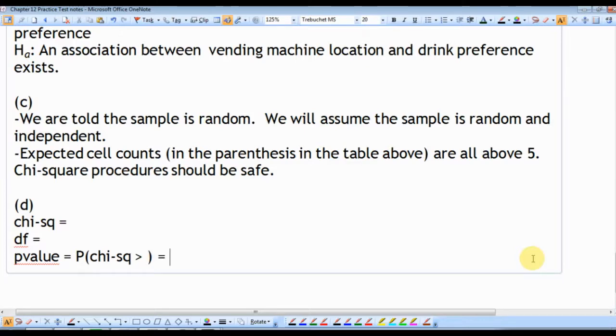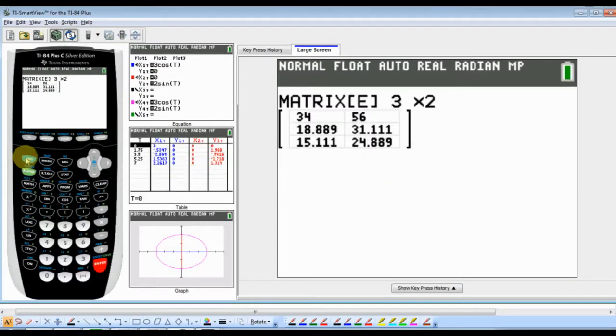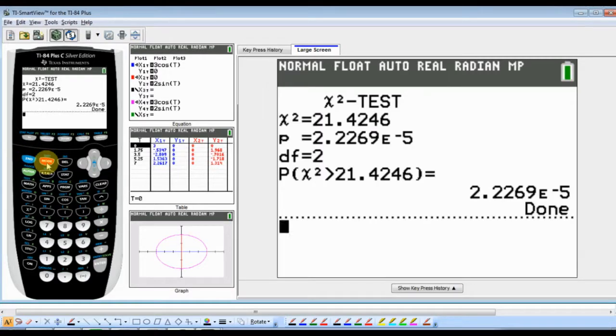Just getting us set up for the next one, letter D. Test statistic, degree of freedom, and p-value. Again, that came out of the calculator already. I should have it in the home screen still. Good. Chi-square is 21.42.